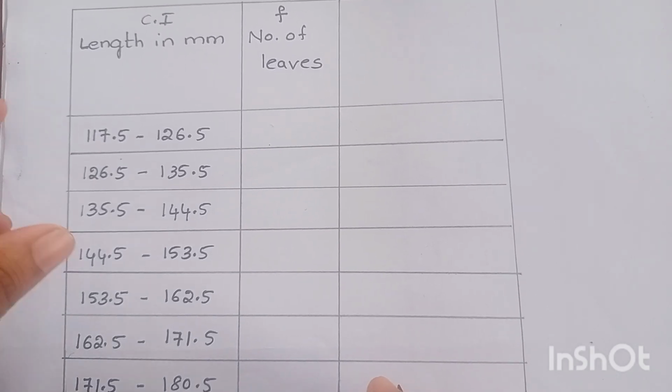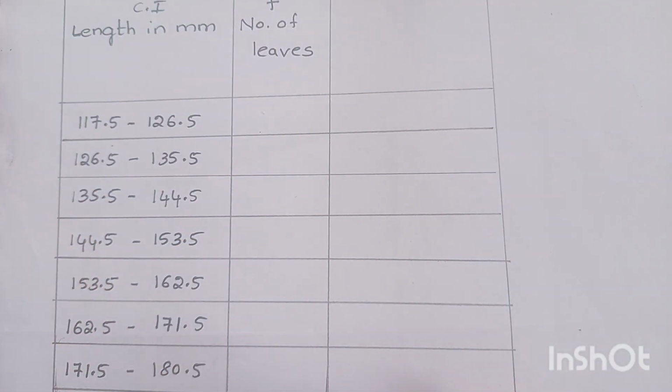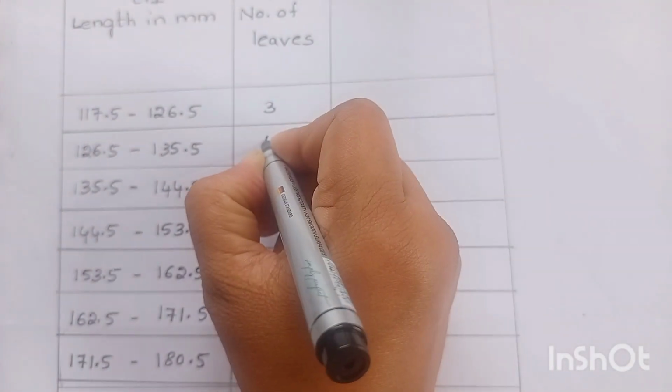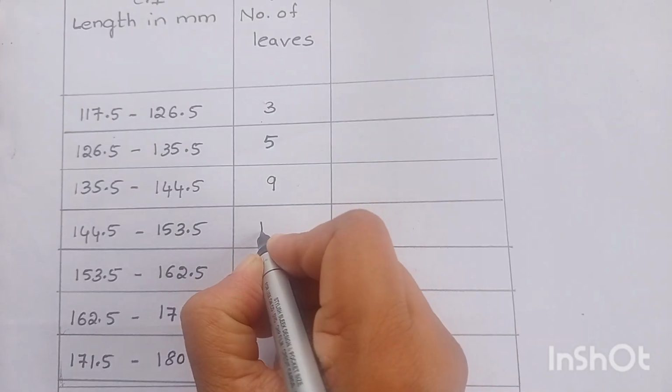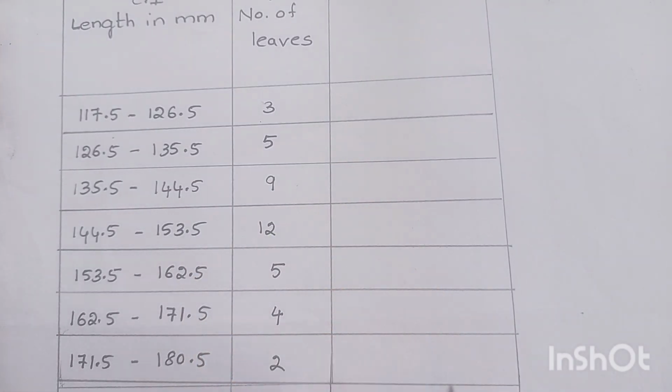Before doing, first let me write the frequency. That is, let me copy the frequency that is given in the question. That is 3, 5, 9, 12, 5, 4, 2. I am not making any changes in the frequency. Okay.